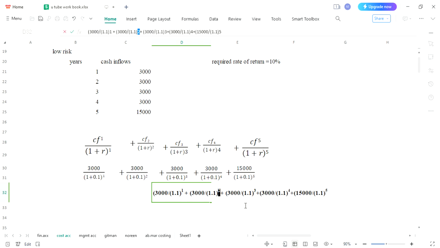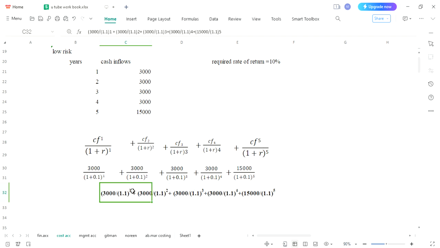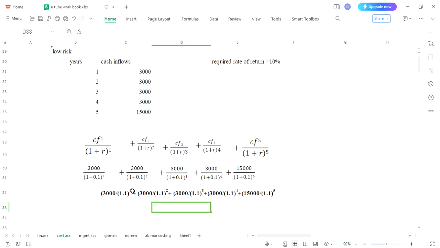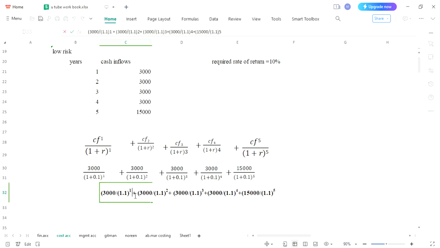Alright guys, so this way your formula has been completed. So what you will do, you will put it on your calculator. Let me write it into the proper place, and now you will put it on your calculator. So what we have done, 3000 divided by 1.1, and you need to put a bracket after it.